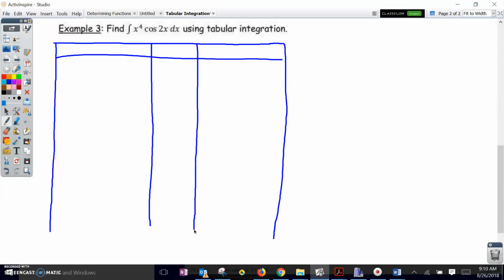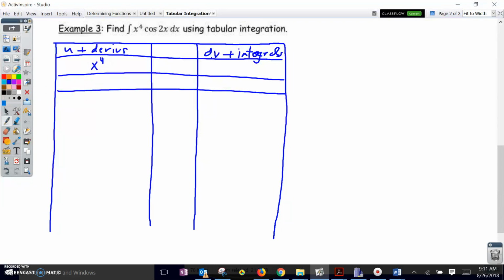And so we've got u and the derivatives, dv and the integrals. That would be a great name for a band, dv and the integrals. Alright, anyway, I'll fill my u and my derivatives in.